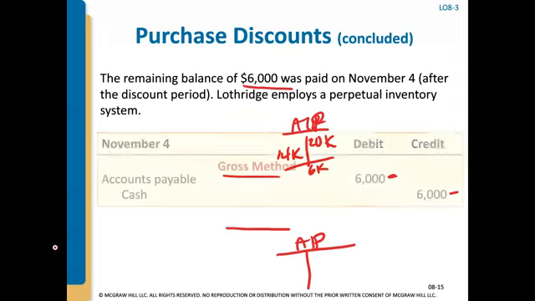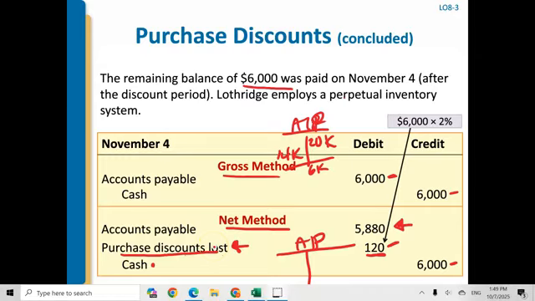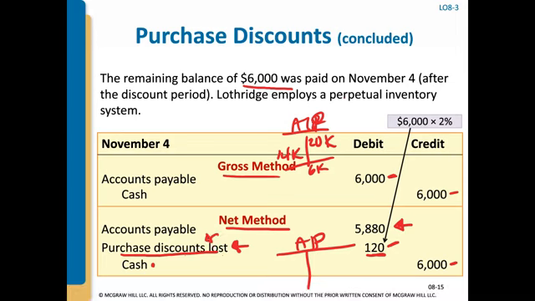So the remaining balance in my accounts payable is 5,880. But what I paid on November 4th is 6,000. And that difference of $120 goes into purchase discount loss, which some companies have as a contra sales account, or it might go into cost of goods sold. But either way, it's part of your income statement and does not affect your inventory account.